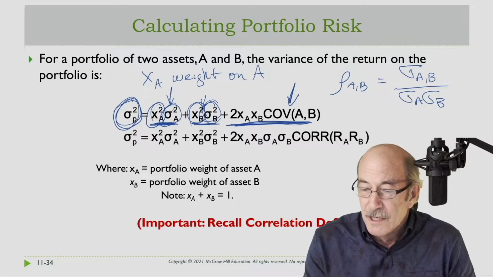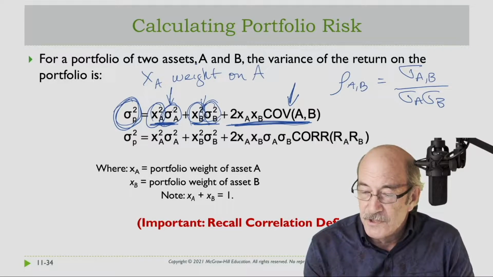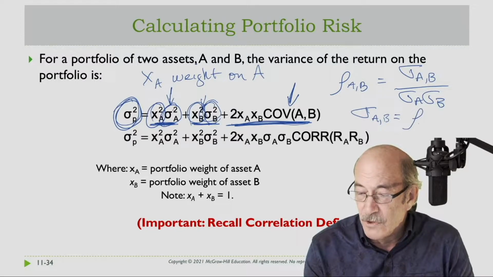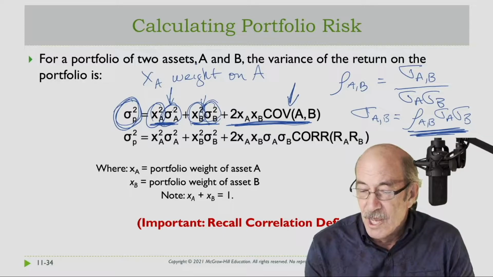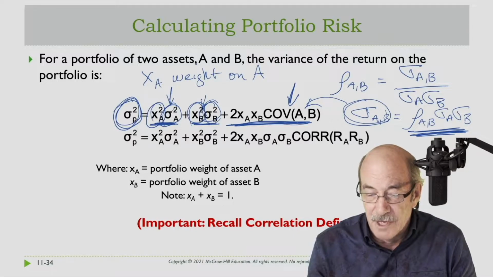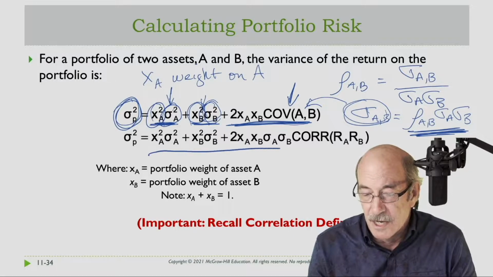So if I change the math around here, the covariance of AB is equal to the correlation of A and B times the standard deviation of A times the standard deviation of B. If I plug that in for the covariance, what I have then is this second line down here.